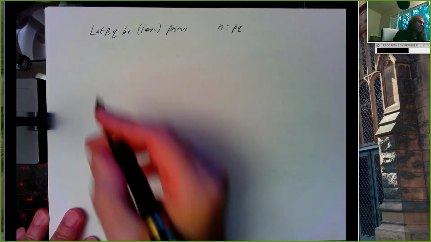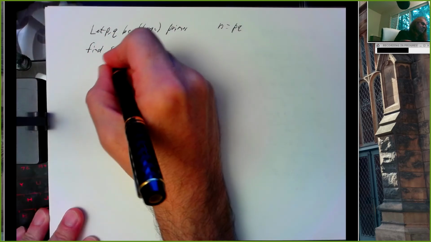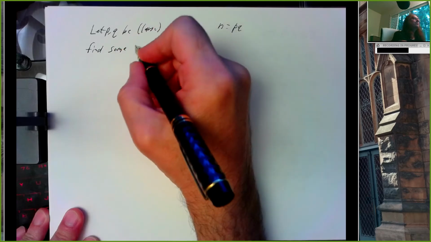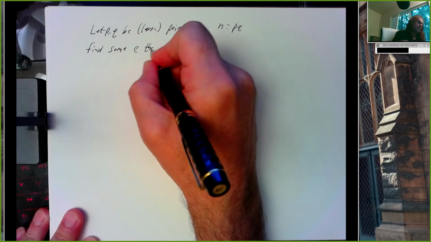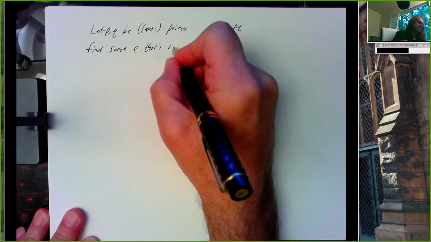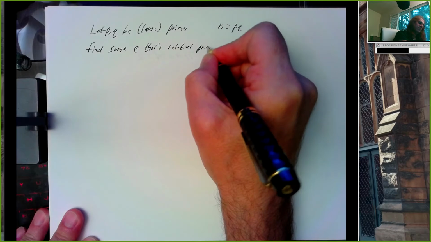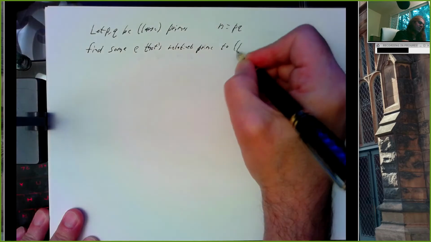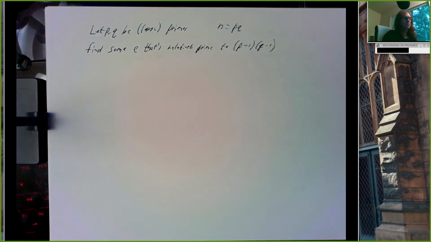And find some number e that's relatively prime to p minus 1 times q minus 1. And there's ways to do that.